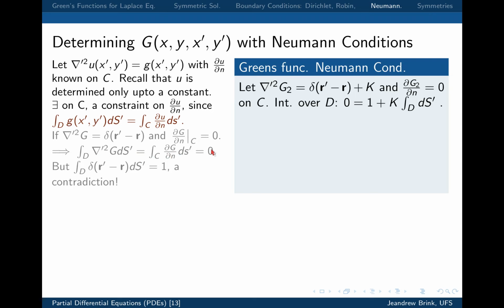On the right-hand side, you're now going to integrate over the delta function, which is 1, plus the constant. You're just going to integrate over the whole domain, so it's a constant times the area of the domain. Okay, and you can now choose k so that it's equal to 1 over the area of the domain, and then we don't have a contradiction and we have enough room to solve our problem.